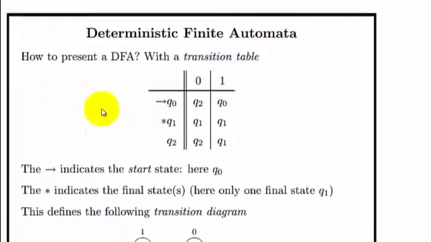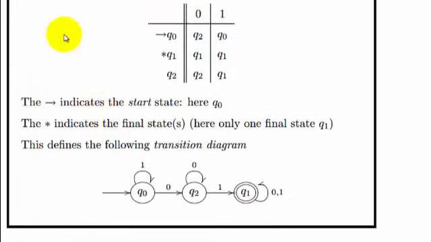So this is basically how a DFA looks, this diagram here. Q0, Q2, and Q1 are the states, and 0 and 1 are the alphabet, and the start state is Q0 and the finishing state is Q1. The main thing about a deterministic finite automata is that it's a finite state machine.